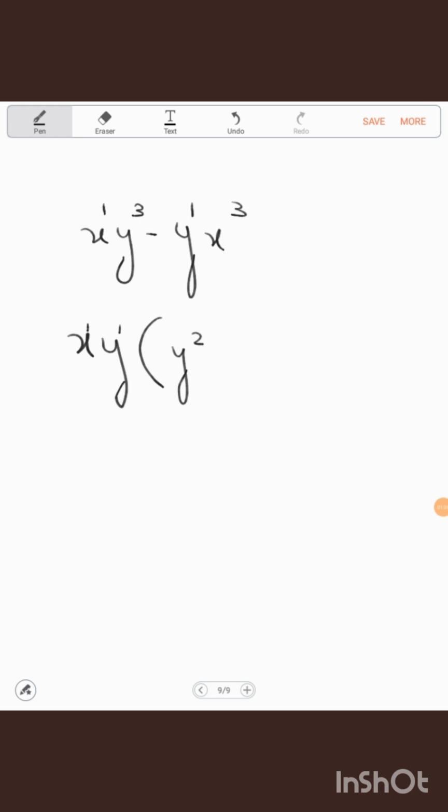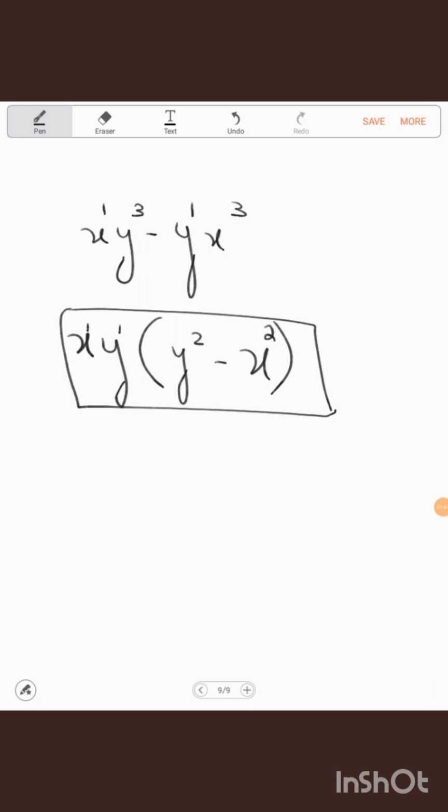Minus. Now, if you have taken 1 y outside, you are left with no y in the second term. And if you have taken 1 x outside, out of 3, how many x's are you left with inside the bracket for the second term? 2. So this is how you will get a factorized form for this question. Okay, rechecking.